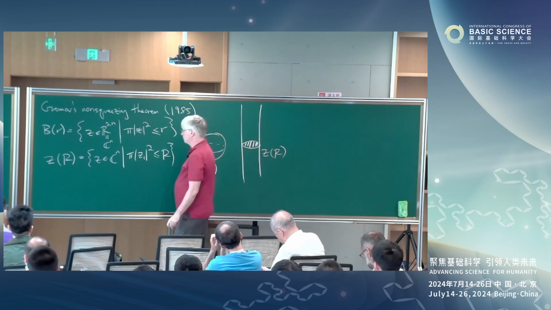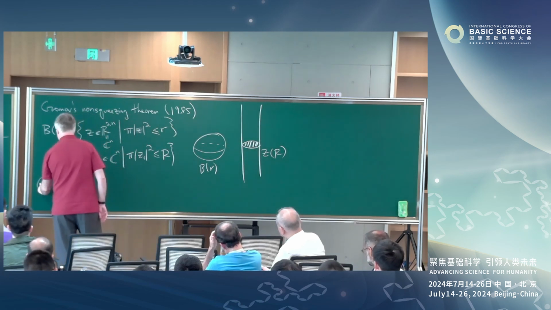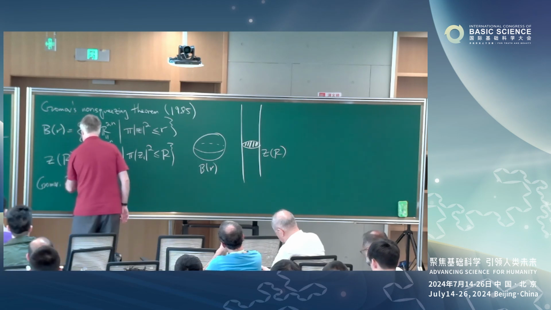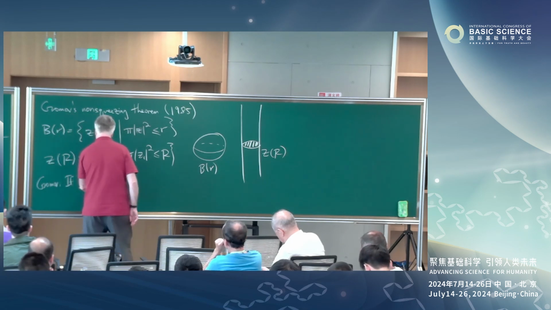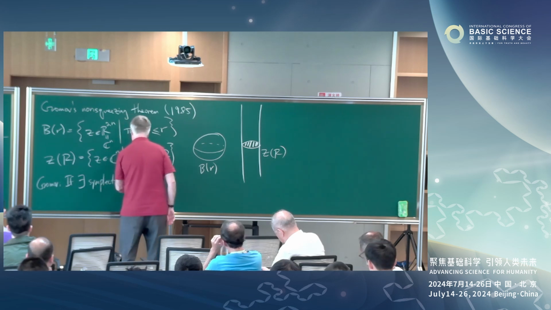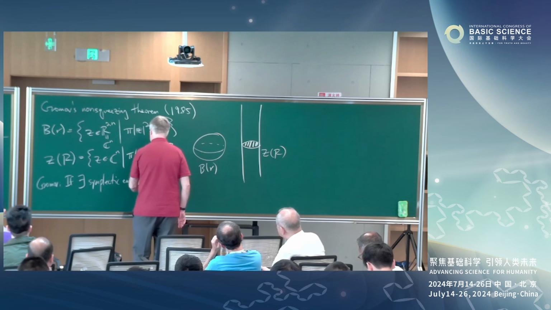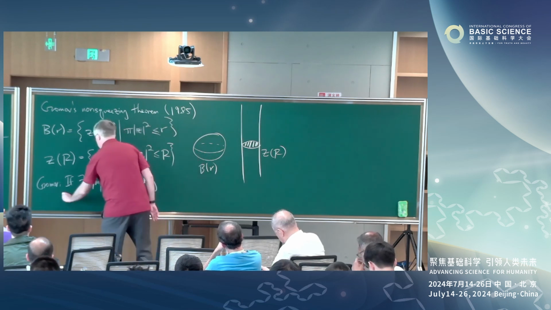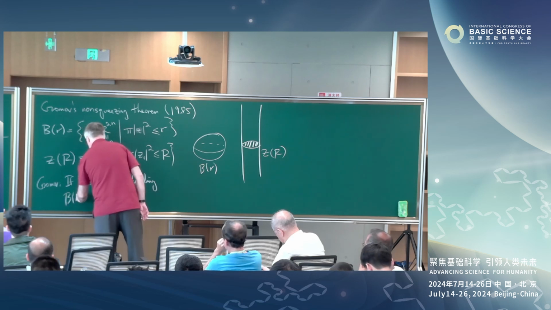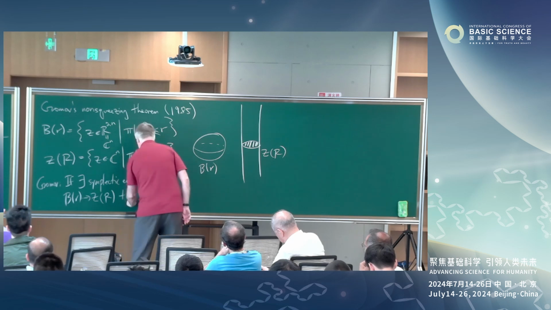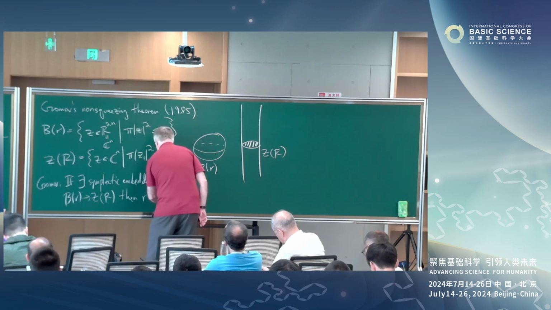What Gromov's non-squeezing theorem says is that if there exists a symplectic embedding of B of little r into Z of big R, then little r is less than or equal to big R.